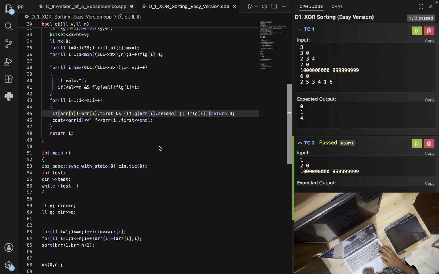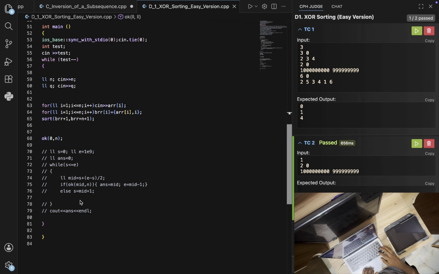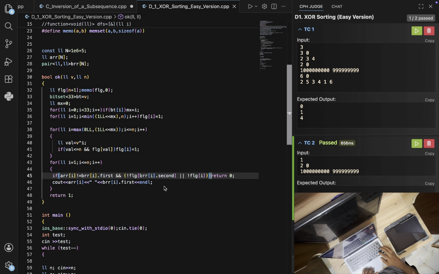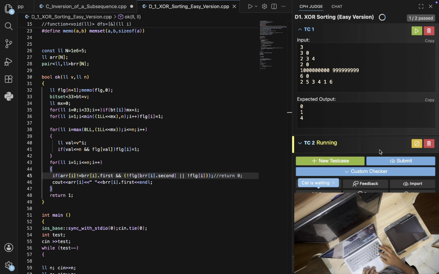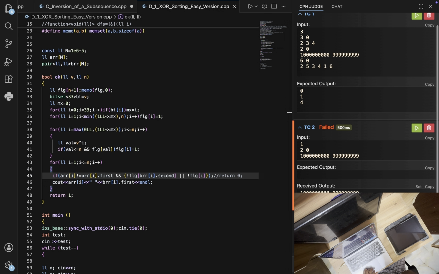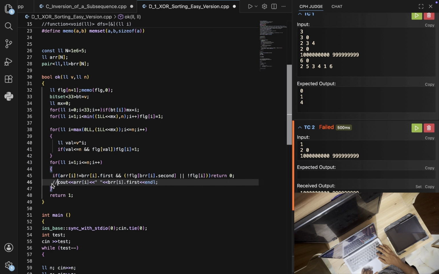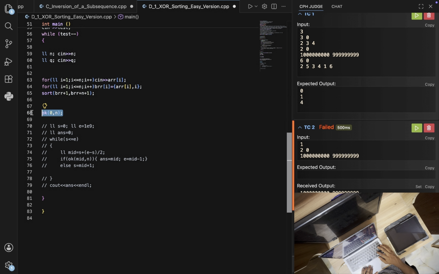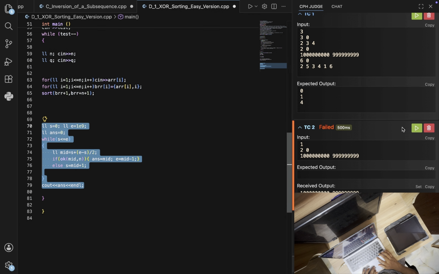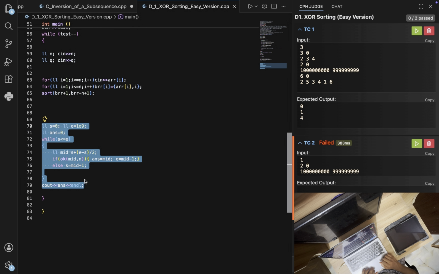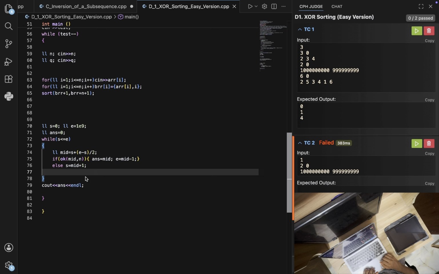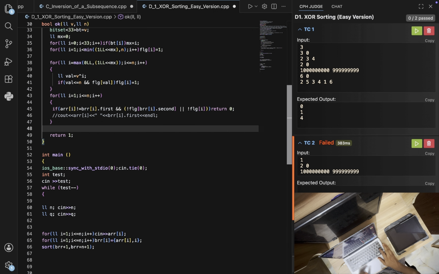Did it really return 0? It doesn't print.